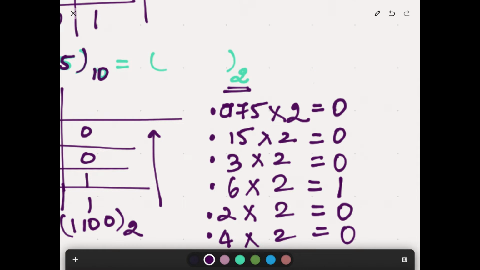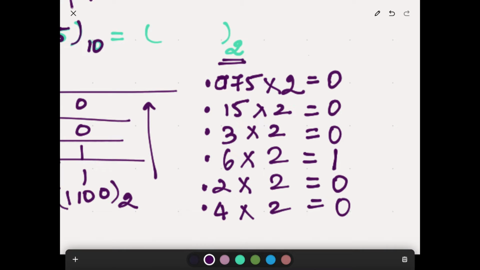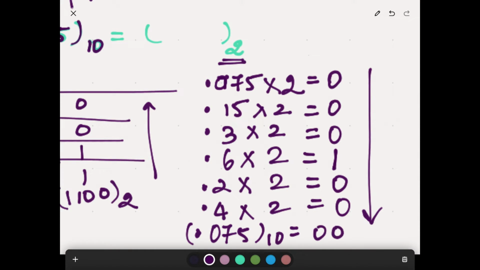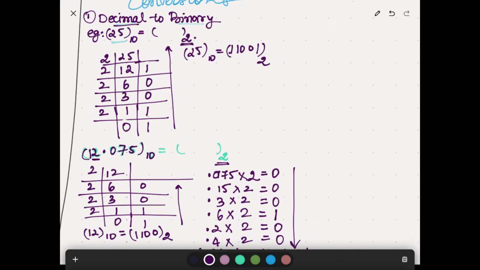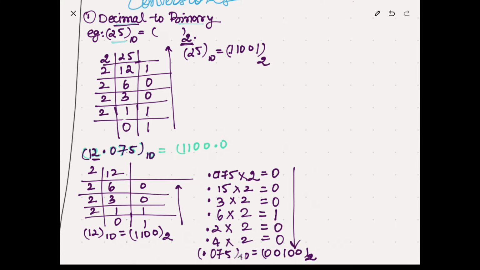I'm stopping it here. Here we go from up to down, so we can write 0.075 in decimal as 00100 in binary. So our entire answer would be something like 1100.000100 in binary. So this is where we converted decimal to binary.